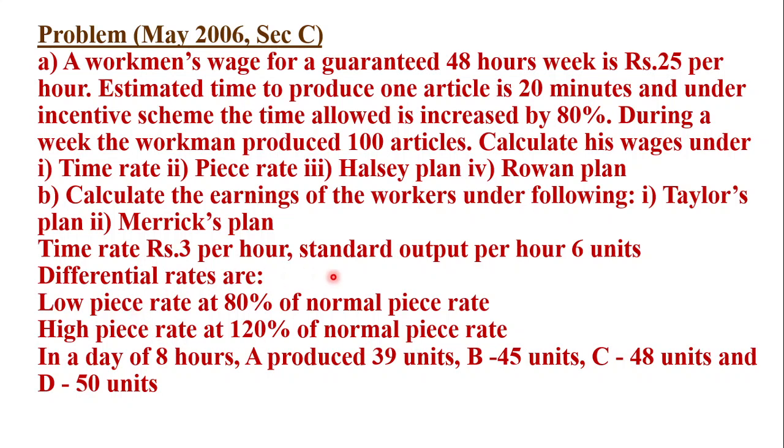These differential rates we are going to consider only for Taylor's plan, because under Taylor's plan only two rates are there, but under Merrick's plan there are 3 rates. If they have not specified this in the problem, what is the rule that we need to follow?